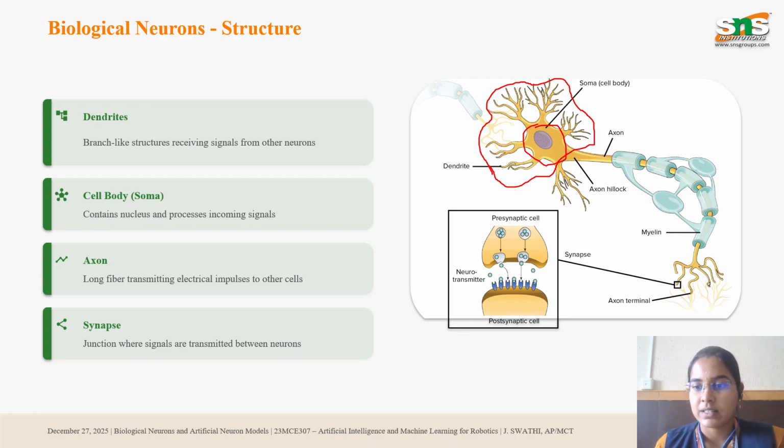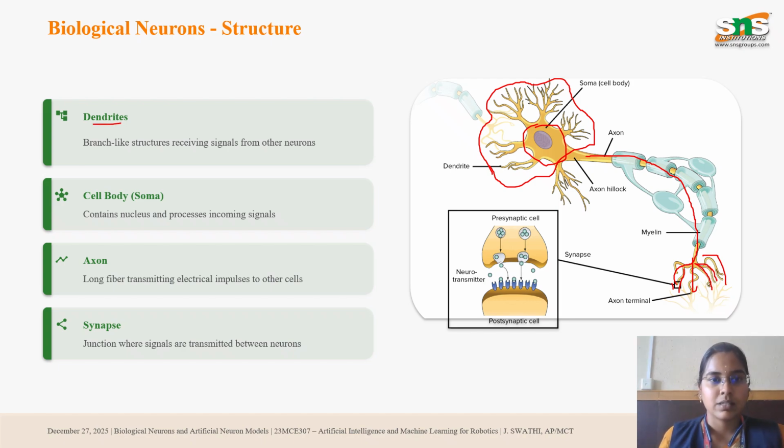This soma will give the solution or react, and that reaction will be passed through the axon, and through this axon we have the axon terminals. Through these terminals the reaction is delivered in the body. The axon terminal, or we can call it a synapse, consists of a neurotransmitter. You can see we have the presynaptic cell and the postsynaptic cell, and in between we have this neurotransmitter. So this is the basic structure of a biological neuron.